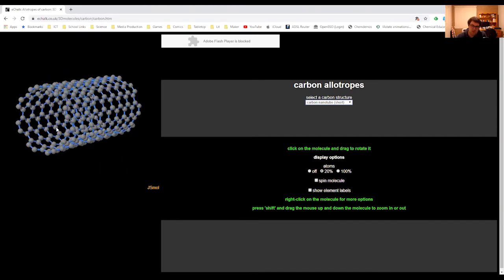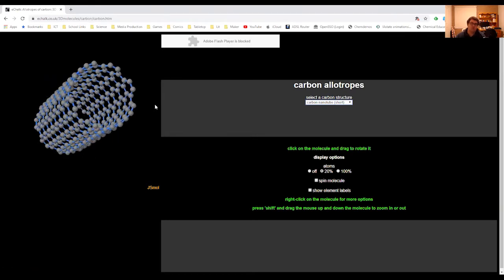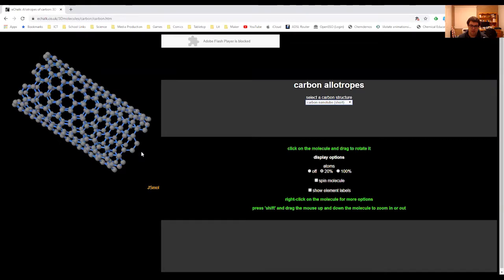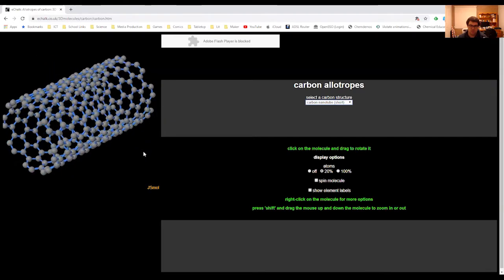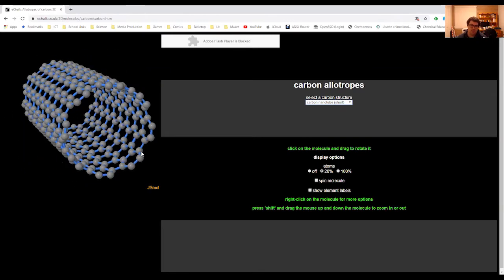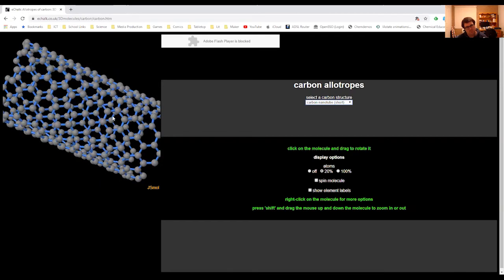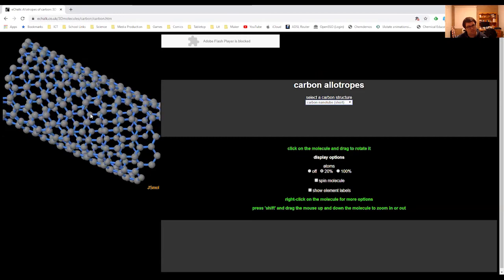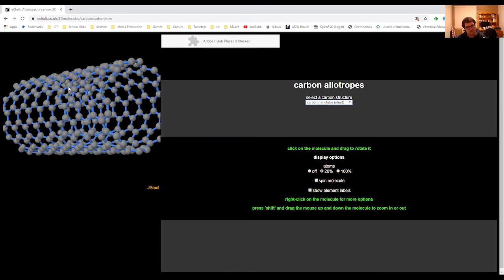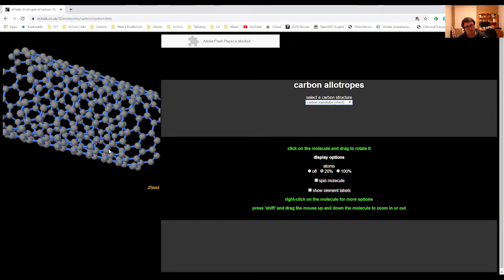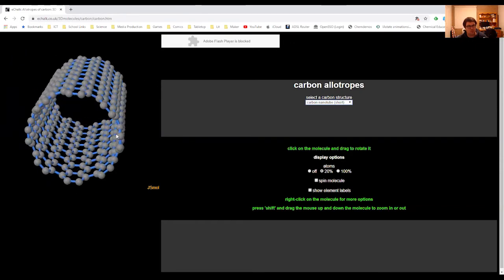Now, these are a really interesting material. We have our carbon arranged in such a way that we have 6-sided rings of carbon. It's basically a sheet of graphite that has been bent around into a tube. It has really promising mechanical properties.